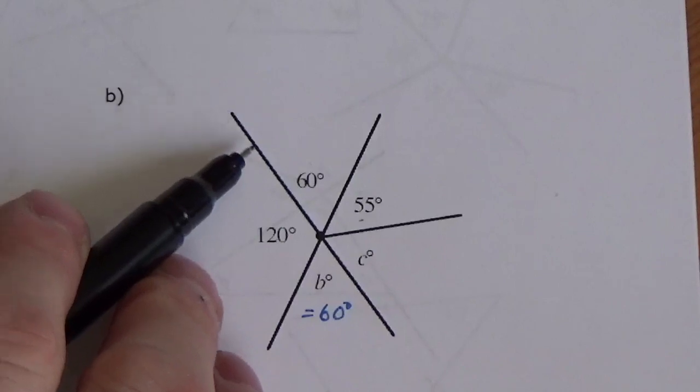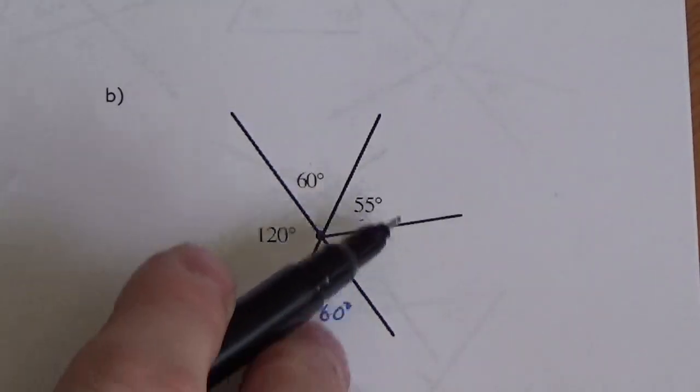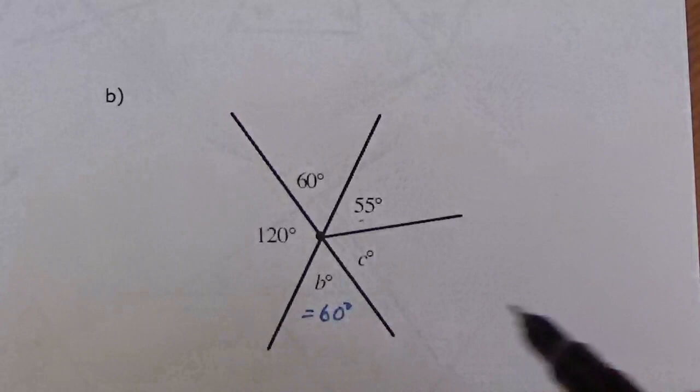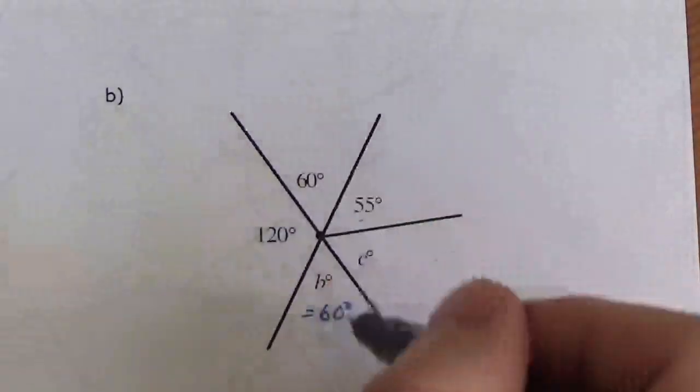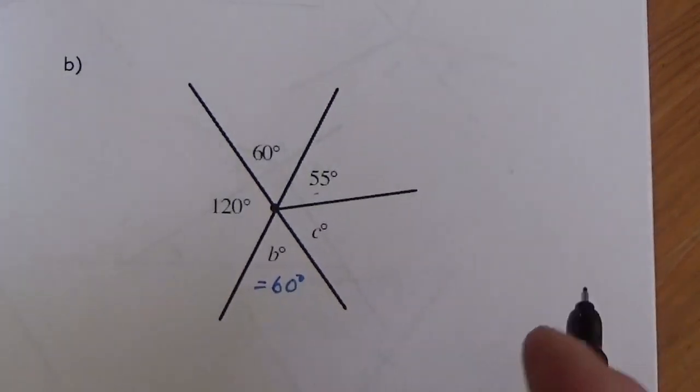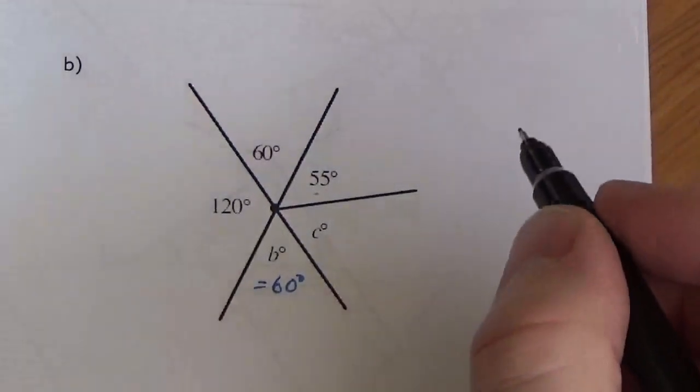Another thing that I might have looked at here is that these angles right here have to add up to 180, because this is a straight line right here. I used that really to figure out that this was 60. Except what I want to emphasize here is the rule that we're trying to learn right now.